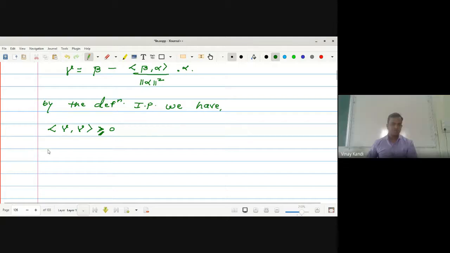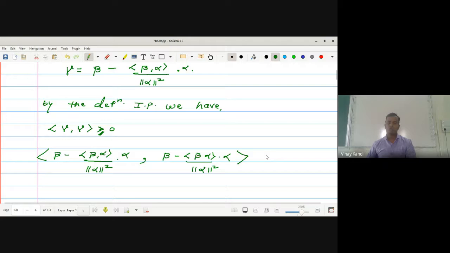Now put the value of gamma here: beta minus the inner product of beta and alpha divided by norm square of alpha into alpha, with again gamma being beta minus the inner product of beta and alpha divided by norm square of alpha into alpha.